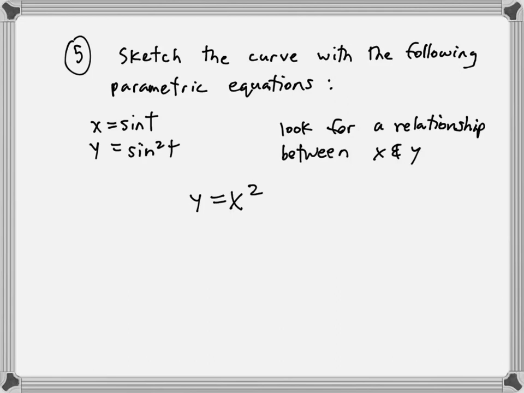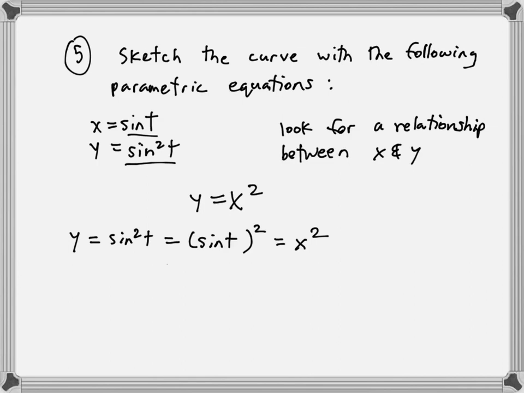Right? Because, I mean, that should be obvious, right? Y is equal to sine squared t, which is the same as sine t squared, which is the same as x squared, right? Because you could look at the equations. This is just the square of that.